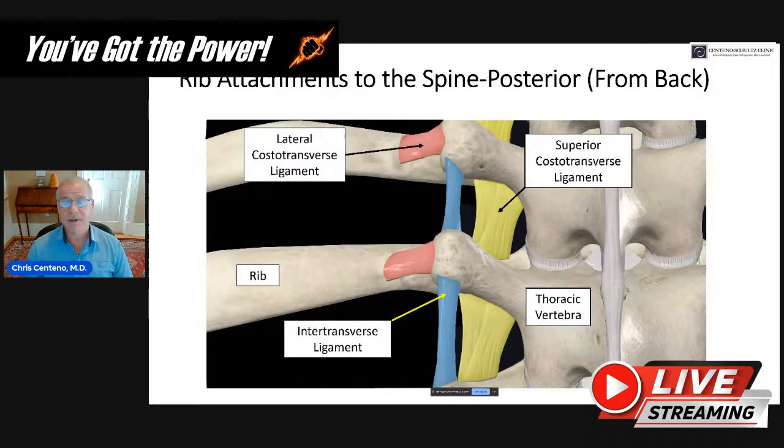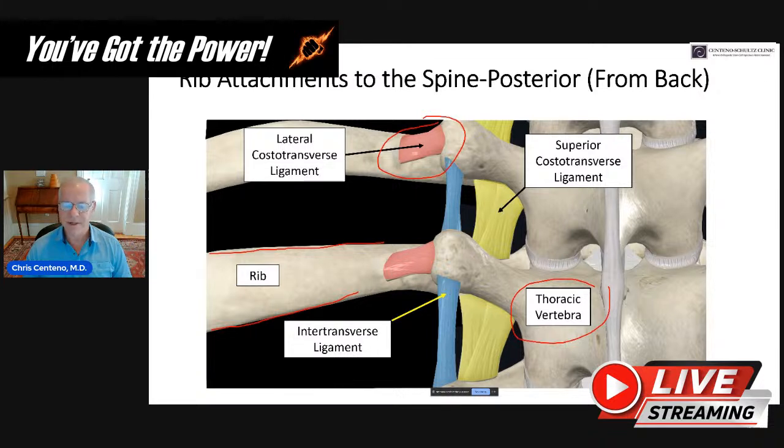So the rib attachments to the spine from the posterior here are pretty intense. You've got a thoracic vertebra over here. You've got the rib here. And then there's lots of bits and pieces in here. You've got this lateral costotransverse ligament there, attaching the transverse process of the thoracic vertebra to the rib.